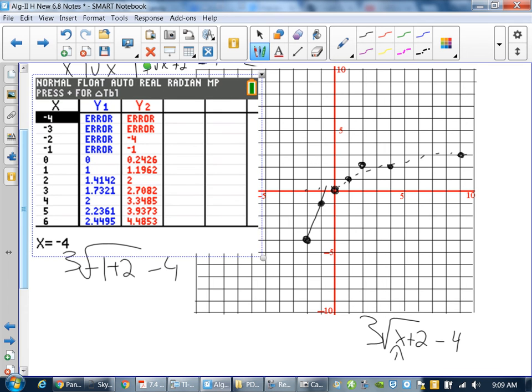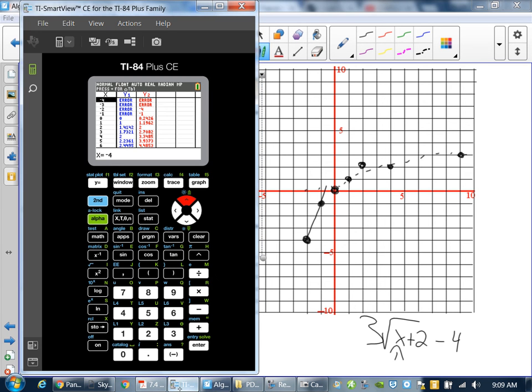I don't know why I'm using this one, because then you don't get a nice root anymore, which is fine. If you have 7, 7 plus 2 is 9, the square root of 9 is 3, 3 times 3 is 9, 9 minus 4 is 5. So then at 7, we move left, and we're at here.